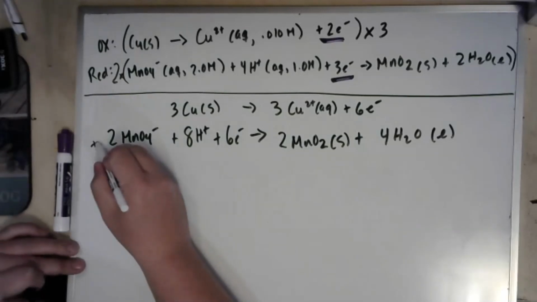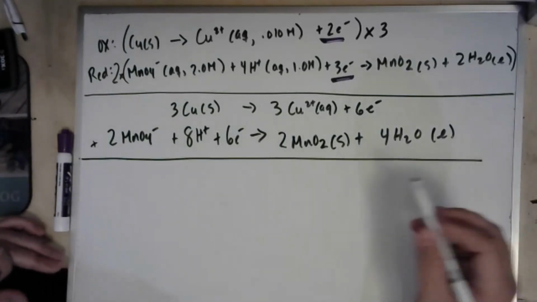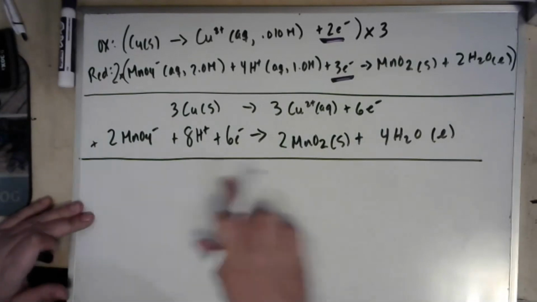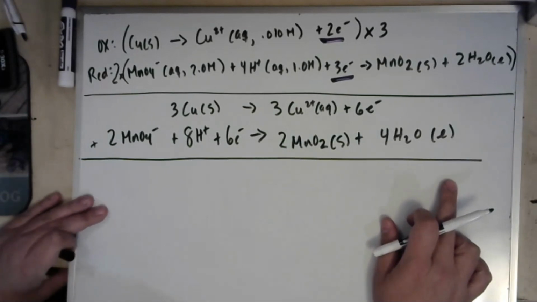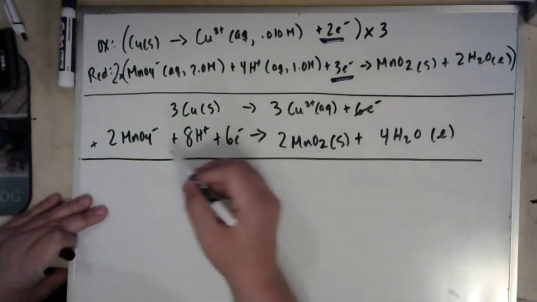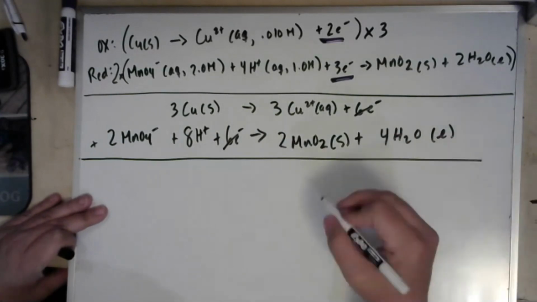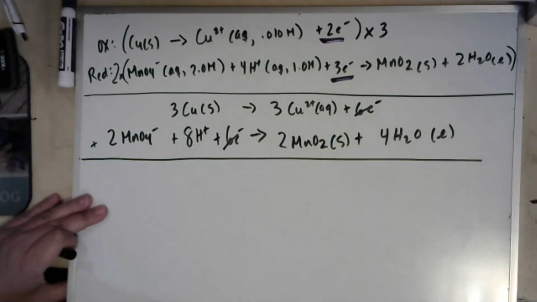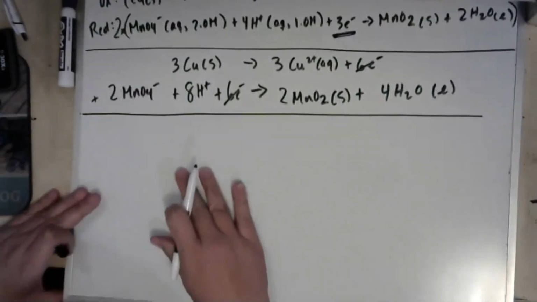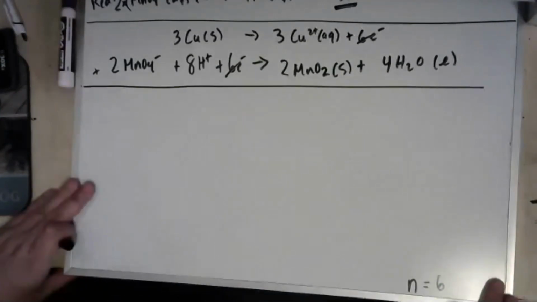Okay, and now I'm going to add these together and cancel out what needs to be canceled out. And I need to add everything else up into a full balanced reaction because I need that full balanced reaction to find Q. All right, so I know that my electrons are canceling out. So I know that my N value equals 6. Just note it at the bottom of the board here. We'll pull that up later. See, I just tucked it over here for us to look at in a minute.